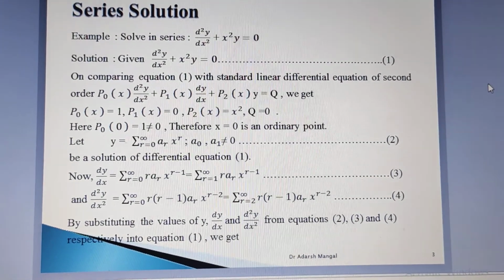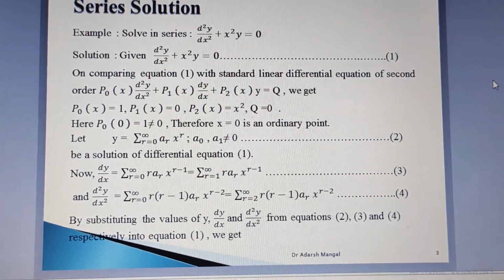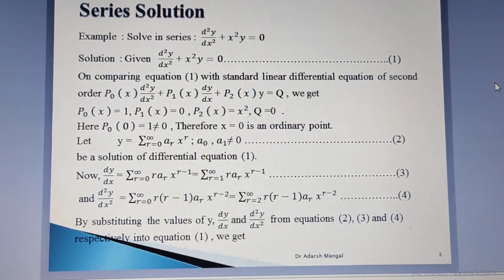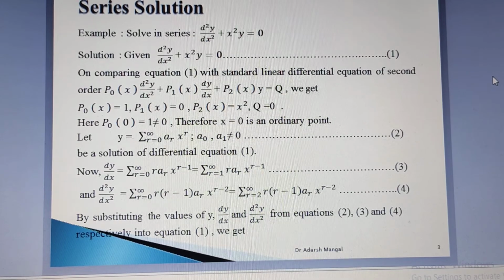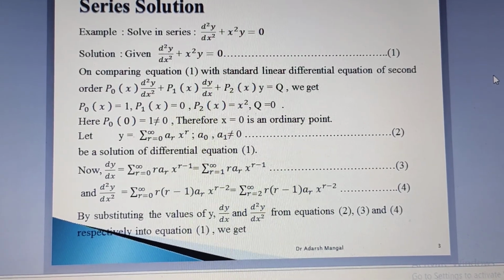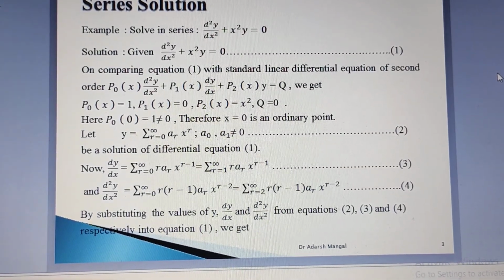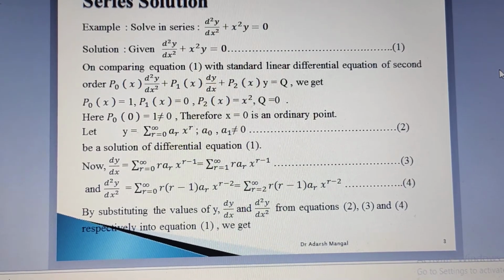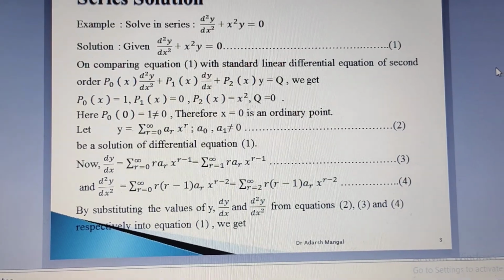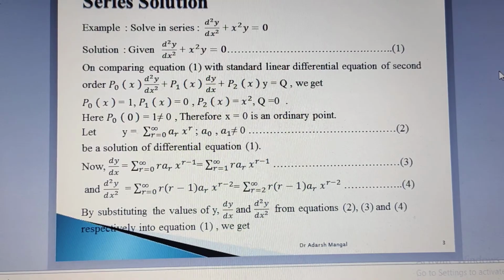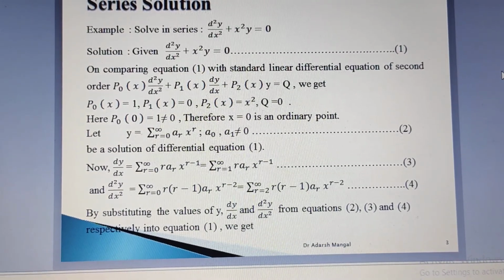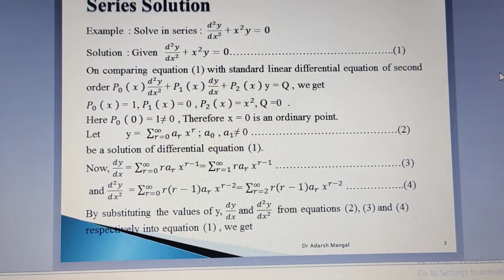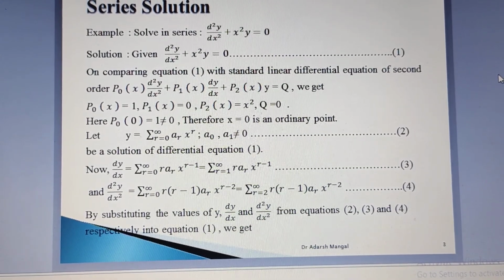Now let us take an example. Solve in series y2 plus x square y equal to 0. Equation 1. On comparing equation 1 with the standard linear differential equation of second order P naught x y2, P1x y1, P2x y equal to q, we have P naught x is 1, P1x is 0, because the coefficient of dy upon dx is not present in the given equation, so it is 0.